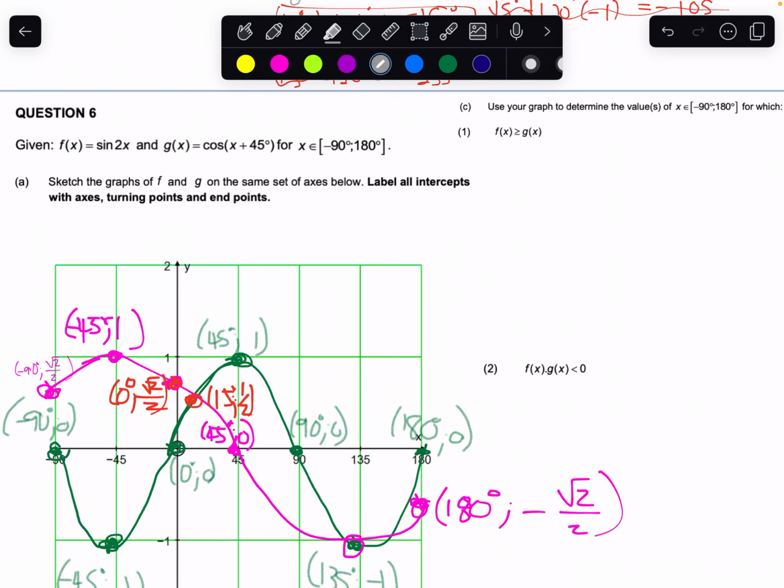Right, f of x is the green graph. Just going to highlight it for myself. Okay, and we are looking for the places where f of x has bigger y values than g of x, or places where f of x is above g of x, and we can see that that is happening over here.